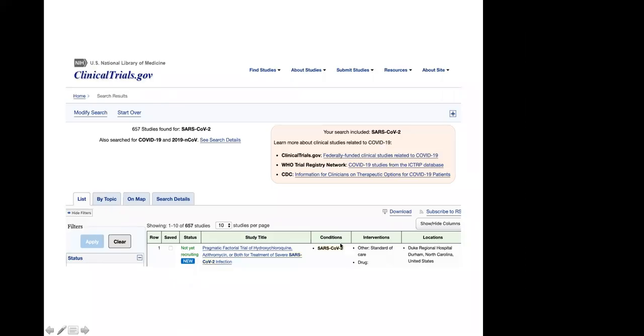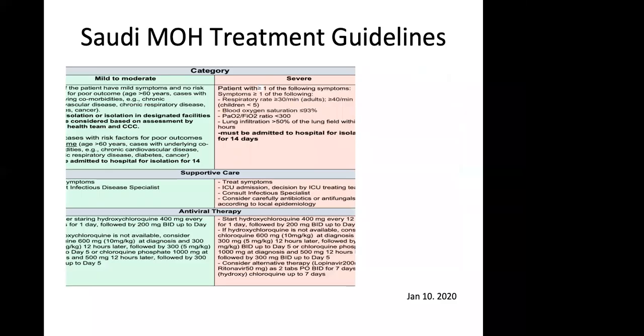If you go to clinicaltrials.gov and type in SARS-CoV-2, the name of the virus, you have 657 studies as of yesterday that are essentially randomized trials looking at different therapeutic modalities, strategies, and medications for patients with confirmed SARS-CoV-2. So tons of studies are ongoing. Hopefully recruitment for most of them will end soon, and hopefully we'll start hearing some results.